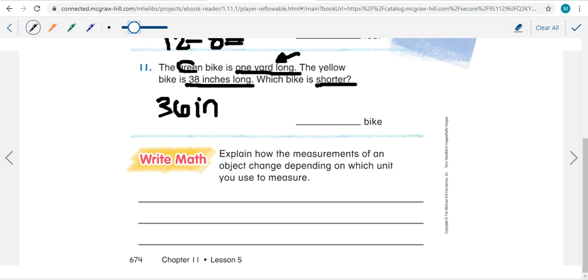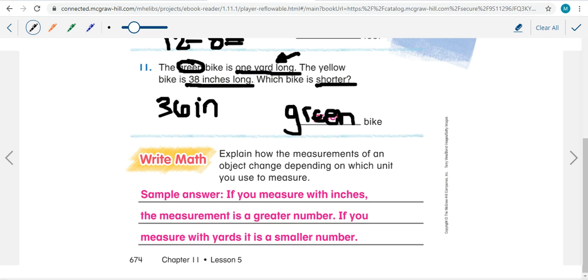So the green bike is shorter. So the answer is green. Okay? Remember that Miss Marlene always tells you the answer, so copy this answer in your book. We are on page 674.